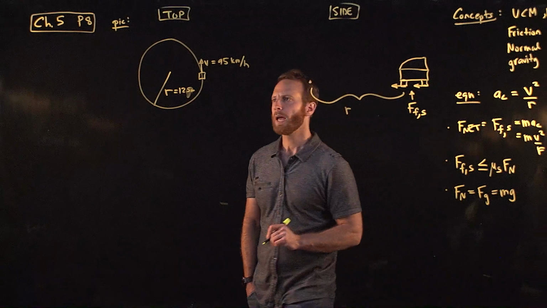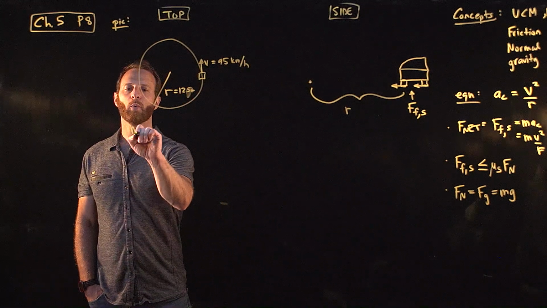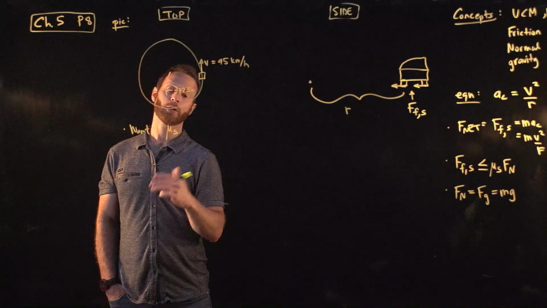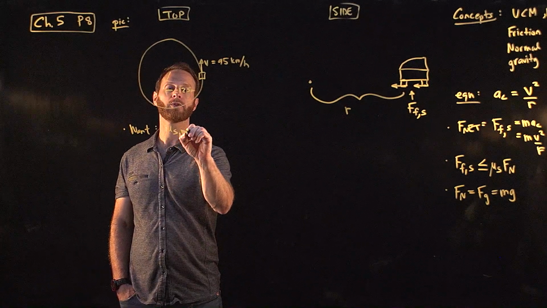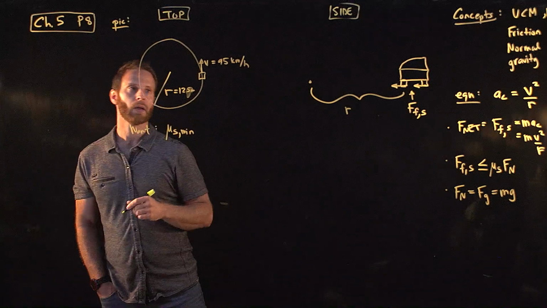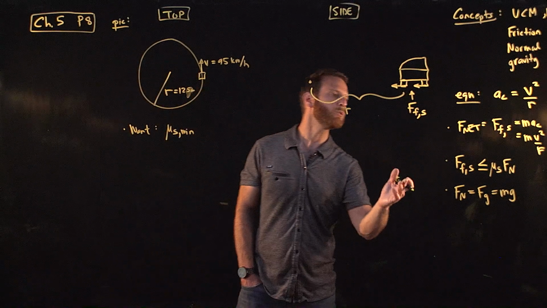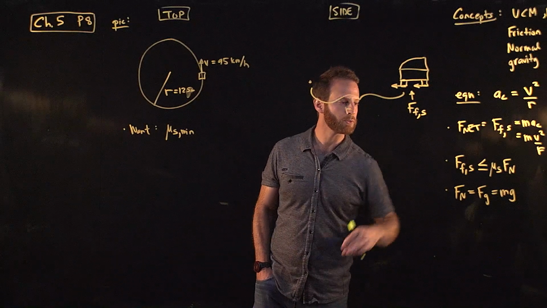Okay? And what we're tasked with doing, we want the static coefficient of friction, at least what it must be at minimum to allow the car to go around and not slip. All right, so let's go ahead and use Newton's second law, given all this information that we have.